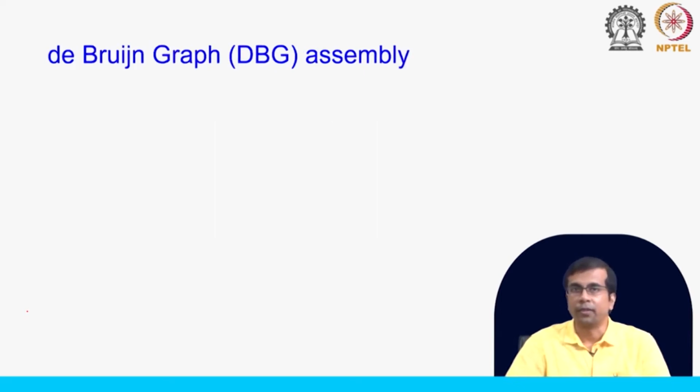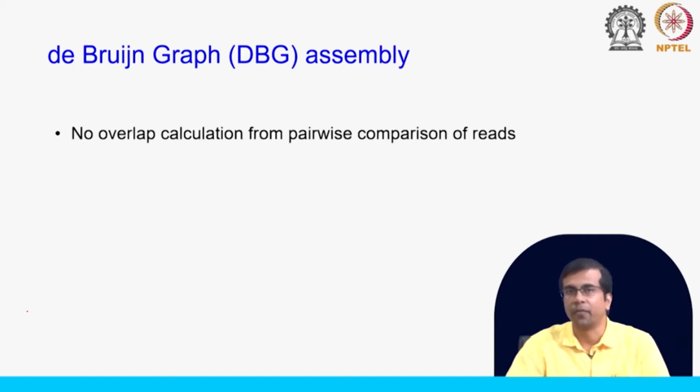So, with this in mind, we will now introduce the de Bruijn graph assembly, or DBG assembly, and it is actually very different from all the methods that we have talked about so far. First, there is no overlap calculation from pairwise comparison of reads. We do not need to do these billions of pairwise comparisons to calculate the overlaps or to identify the number of bases that are overlapping.